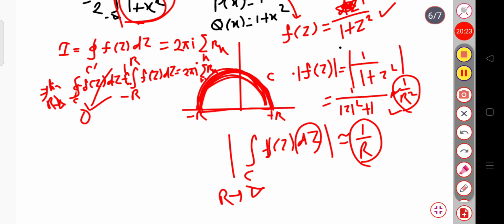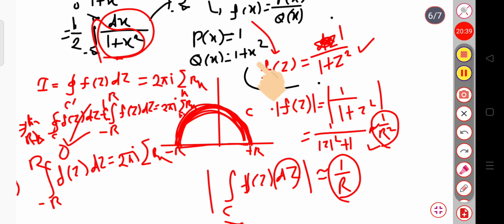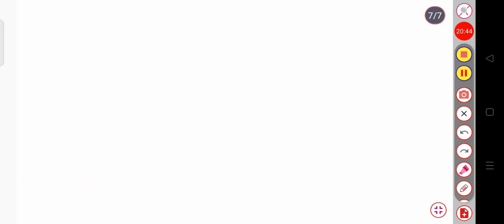So the integral from minus r to plus r of f of z dz will be equal to 2 pi i into the sum over residues. Here f of z is 1 by 1 plus z square. Now we are going to calculate the residue, because now we are going to solve the integration of f of z dz over the limit minus r to plus r, or I can write this directly as minus infinity to plus infinity.